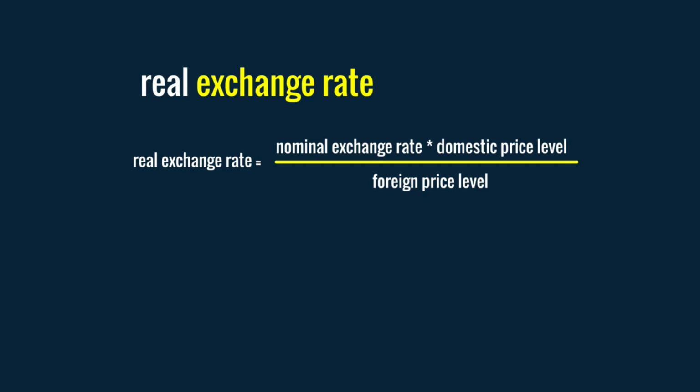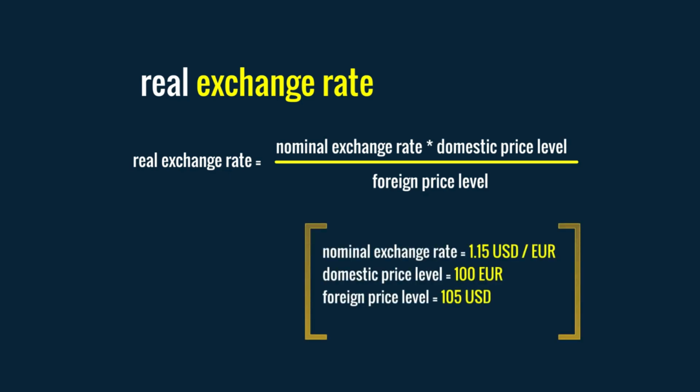Price levels are calculated using a representative basket of goods, just like in inflation calculations. The price development of this basket reflects the overall price level of the economy. Let's assume our nominal exchange rate is 1.15 US dollars per euro. The domestic price level is 100 euros, and the foreign price level is 105 US dollars.